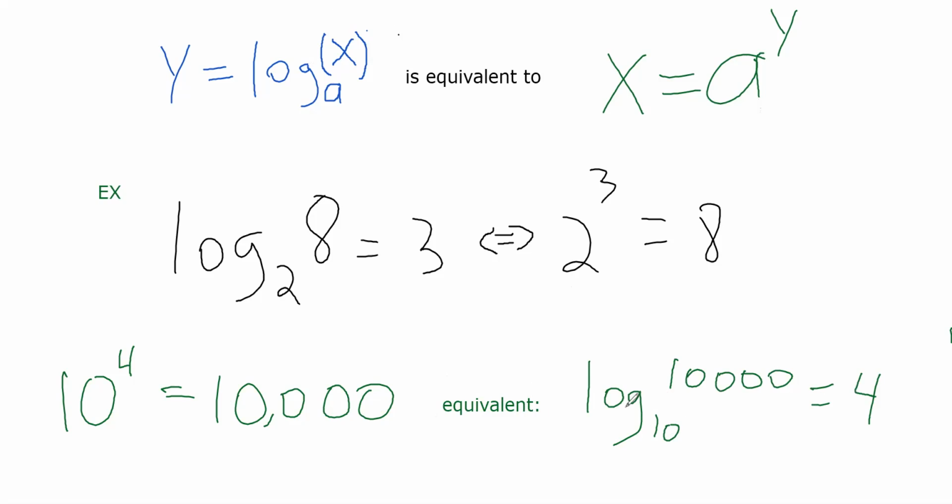Ten to what power gives me 10,000? The number 4 will do it. So all we're doing is seeing the connection between a logarithm and an exponential statement. Let's look at a couple more.